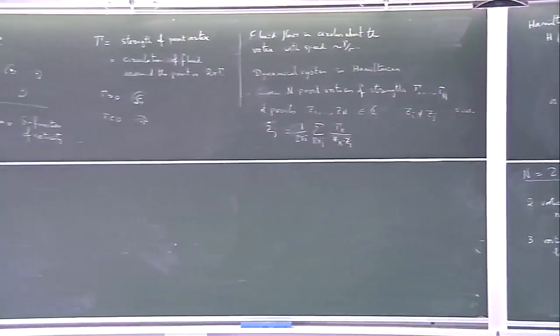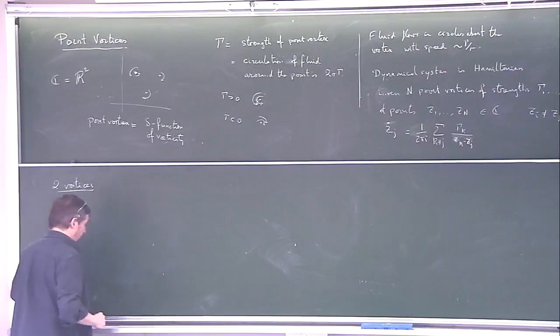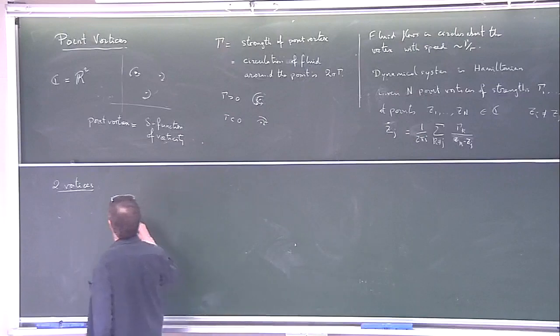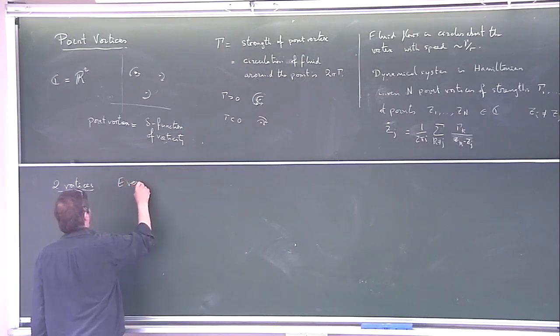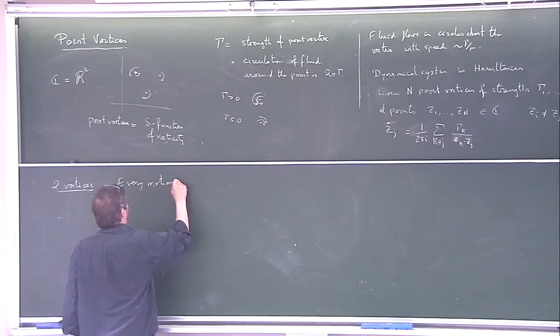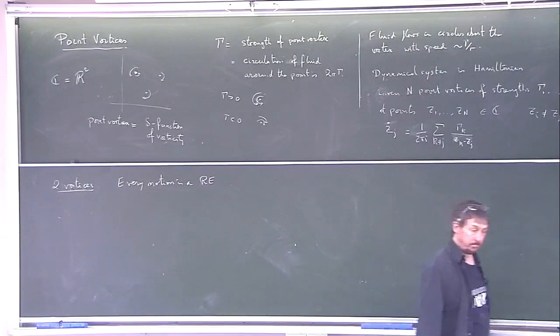So, two vortices is nice and easy. Every motion is a relative equilibrium.